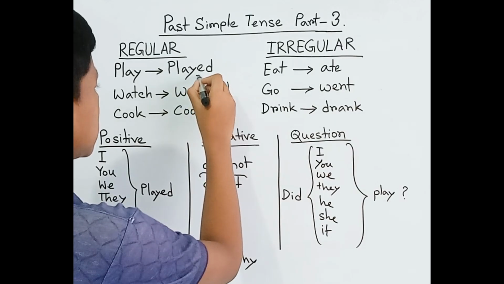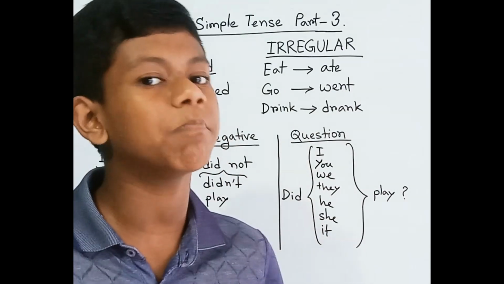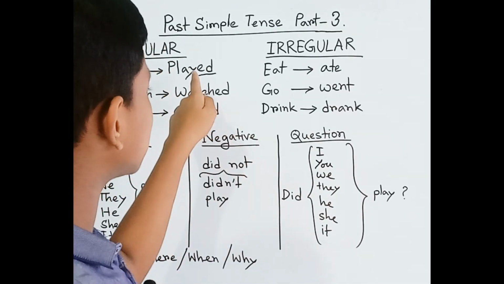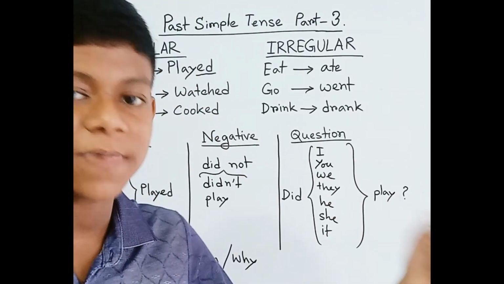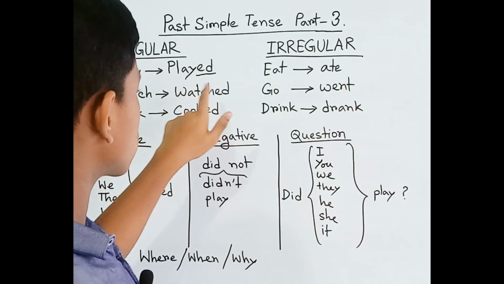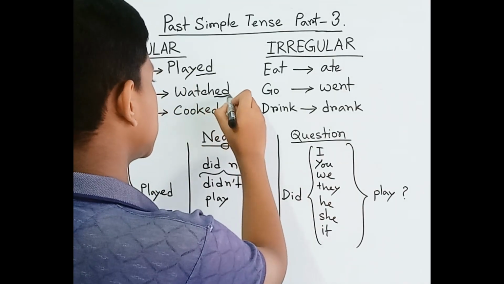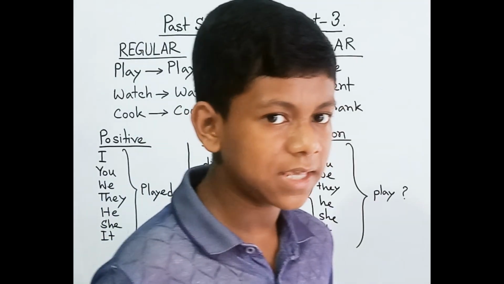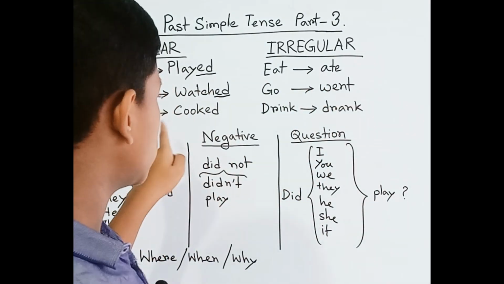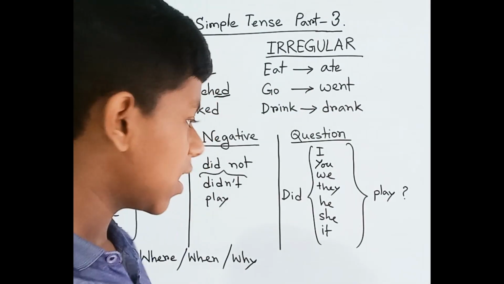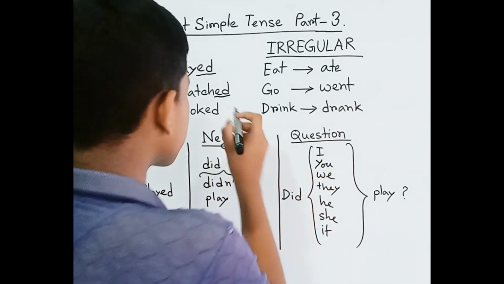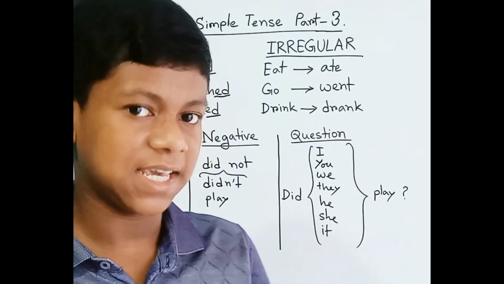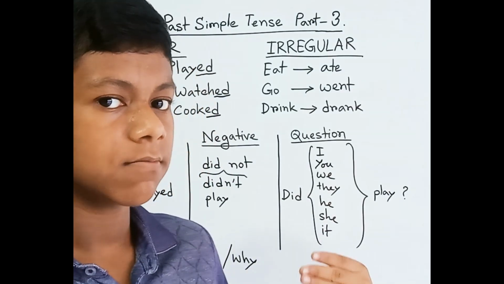We have simply added ed after the word play. Then watched, here I have added the ed. And also cooked, in this verb I have also added the ed. So in regular verbs, we generally add the ed after the verb.